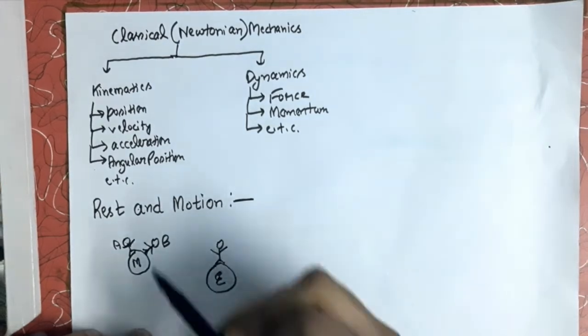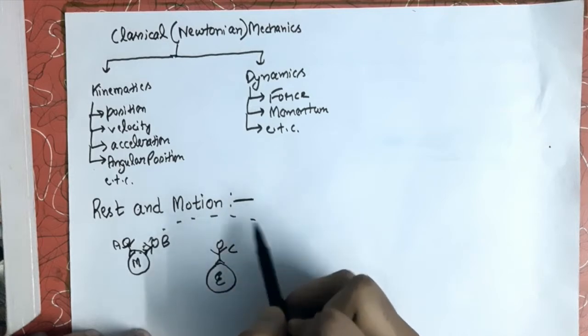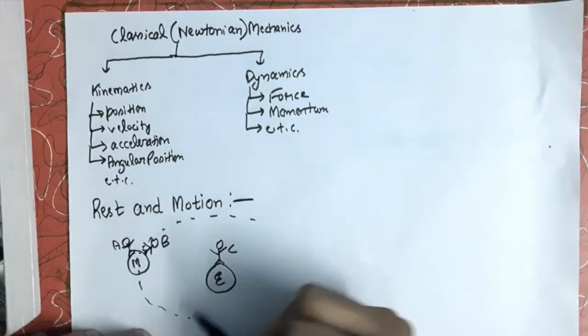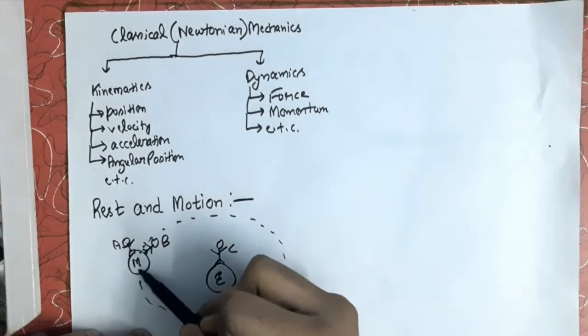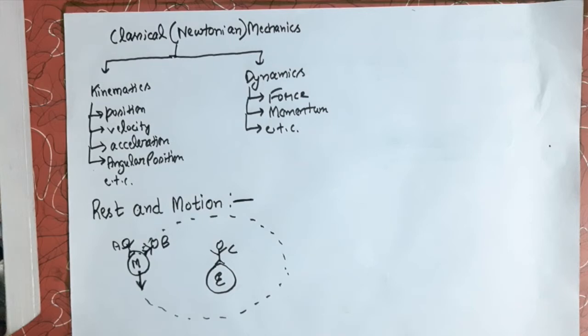We know that the moon revolves around the Earth in its orbit. So according to this person C, A is not at rest.